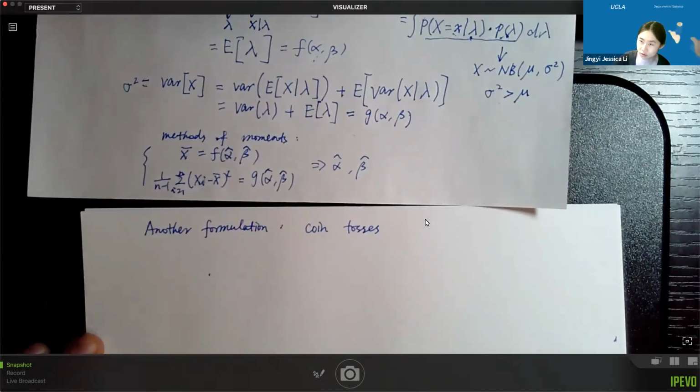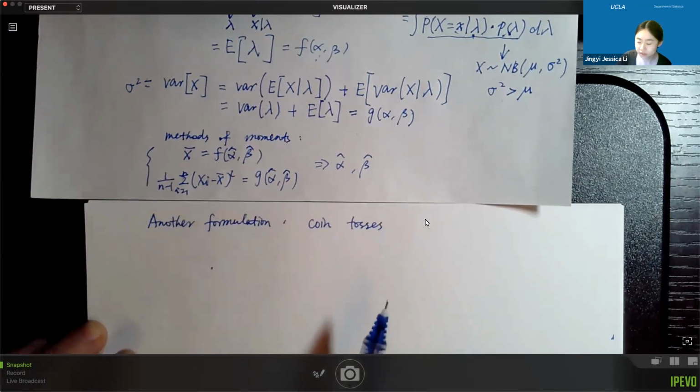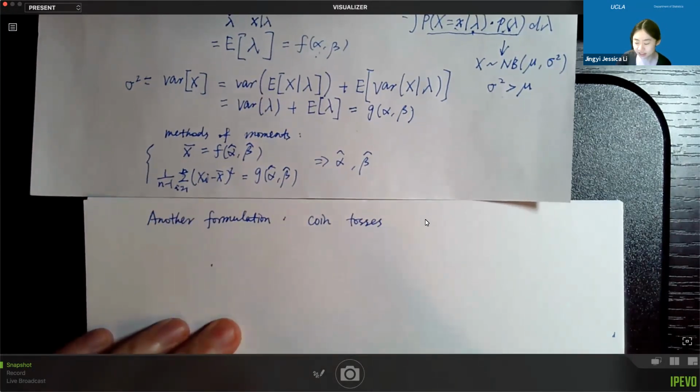For every coin you toss, you have a binary outcome, either head or tail, 0 or 1. You may also call it a success versus failure. So for each toss, it's a Bernoulli distribution, right? We have probability P for getting a 1 and 1 minus P probability for getting a 0.